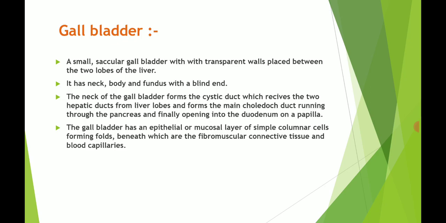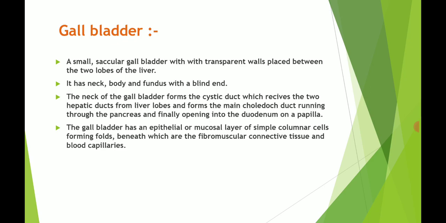The neck of the gallbladder forms the cystic duct, which receives the two hepatic ducts from the liver lobes and forms the main bile duct, running through the pancreas and finally opening into the duodenum on a papilla. The duodenum is a part of the stomach.